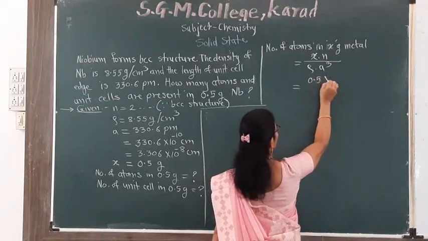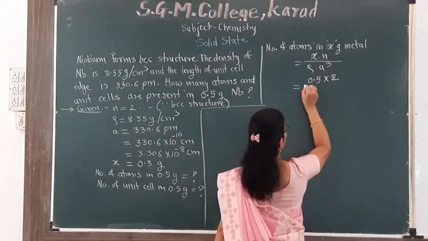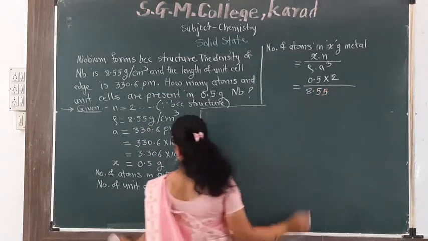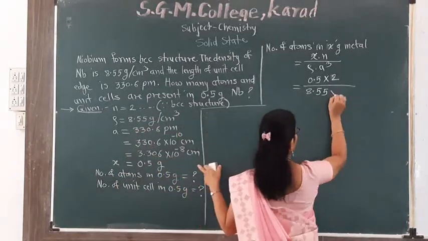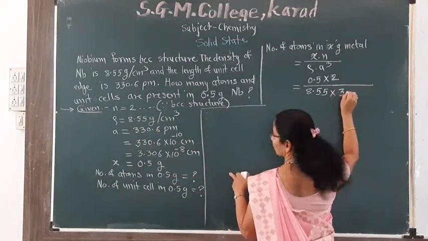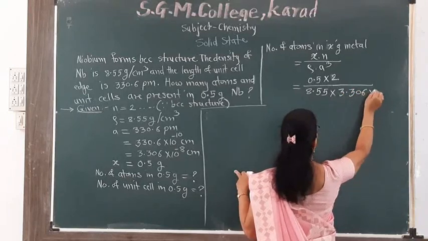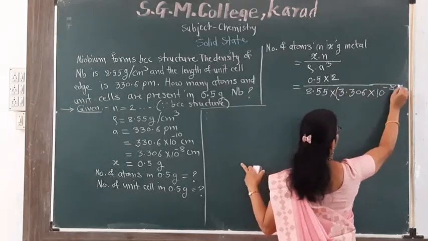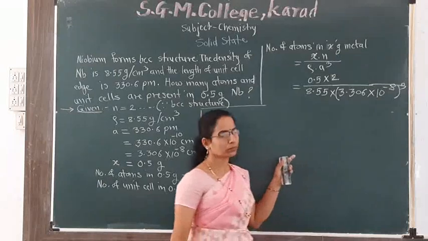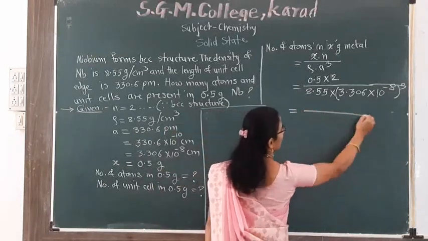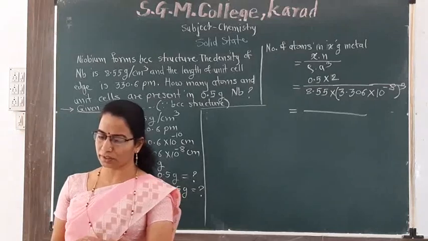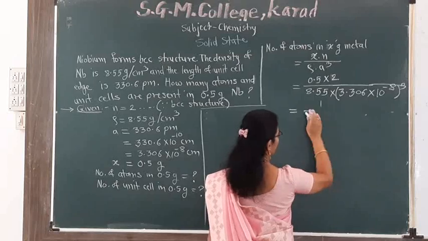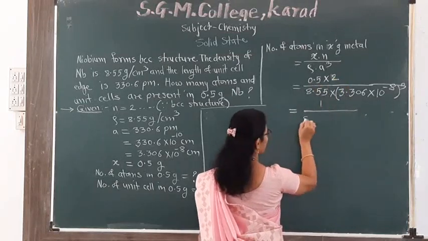X is 0.5, number of particles is 2, density is given as 8.55 and the edge length is given as 3.306 into 10 raised to minus 8. You have to make a cube of this. Now if you insert the values in this equation and do the calculation by log table, I will simplify it first.